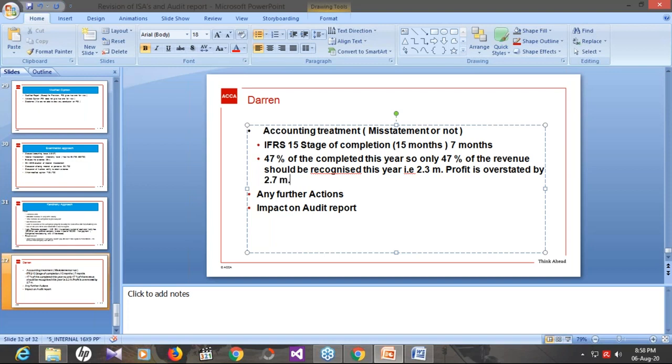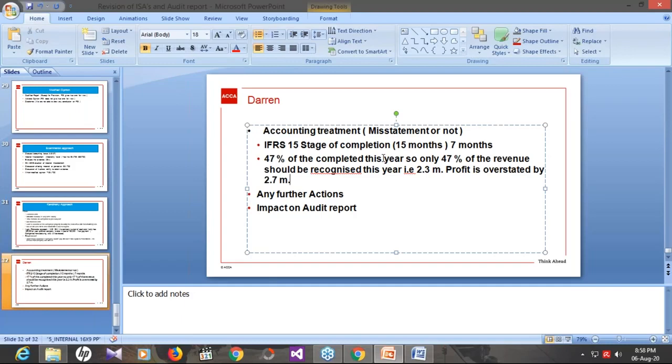So you should discuss the IFRS 15 stage of completion, and you should calculate the apportionment of the profit, the figure of profit which should have been recorded according to IFRS 15, whereas the company has recorded the full profit for the year.